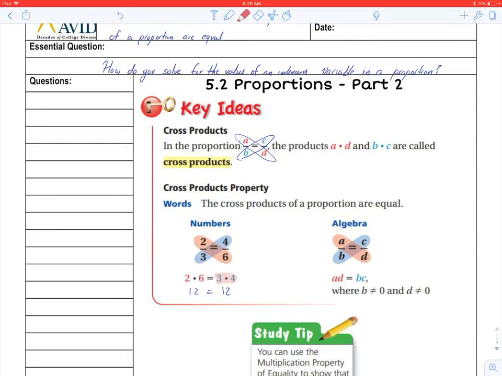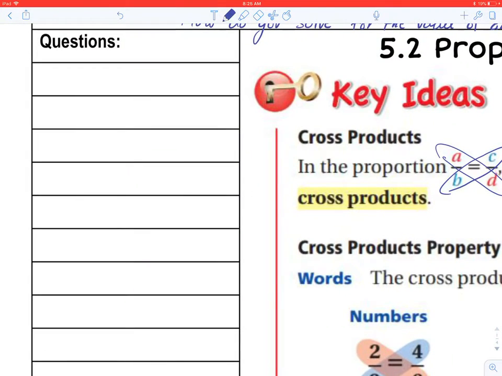Okay, so a question that we can put here is, will the cross products of two ratios be equal if the ratios are not the same? Fraction in simplest form. I'm going to write that down.